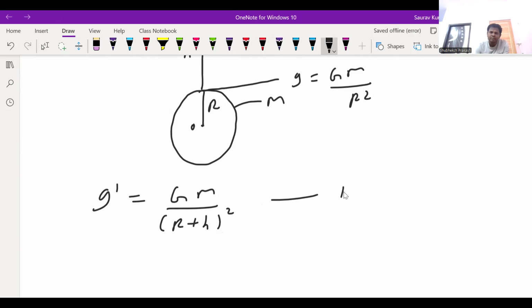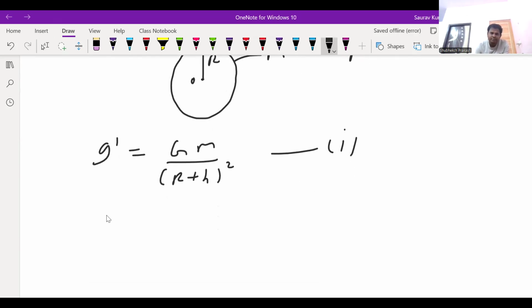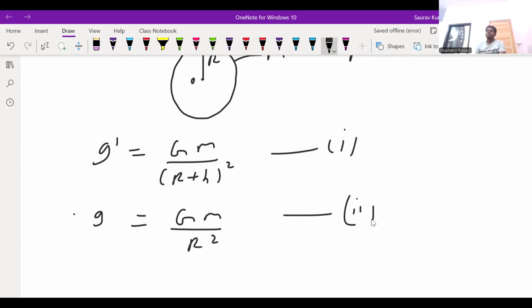This is equation 1. And the acceleration due to gravity at the Earth's surface will be g equal to GM by R square. This is equation 2.